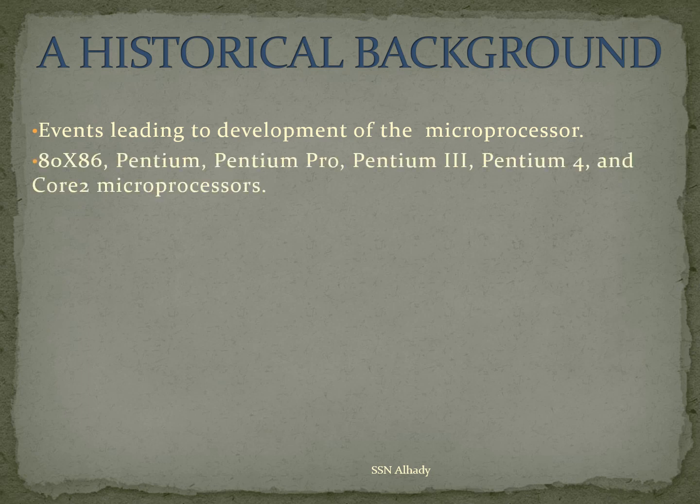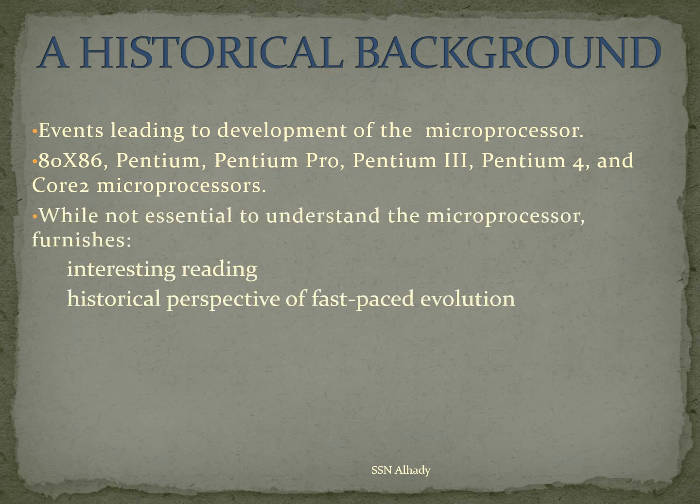Okay, you know that the 8086, Pentium Pro, Pentium 3, Pentium 4, and the Core 2 processor, which are being introduced nowadays, actually go back to the basic architecture of the 8086.